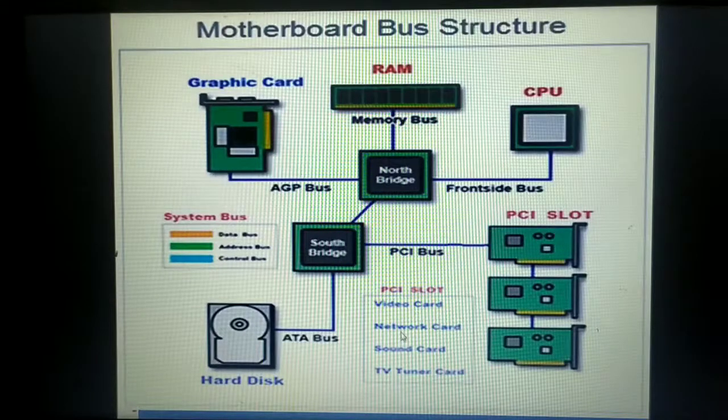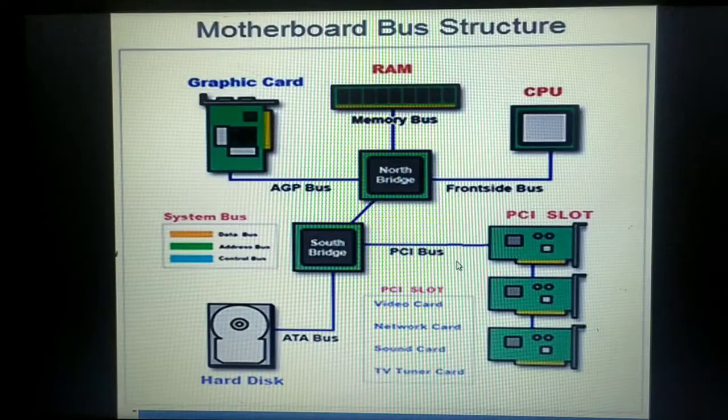And then network card, that is the Ethernet card, that's how you are experiencing the internet in your computer system. Then sound card, that is helping you to play any audio or videos on your computer system. And the TV tuner card, and the south bridge is also connected to your hard disk.